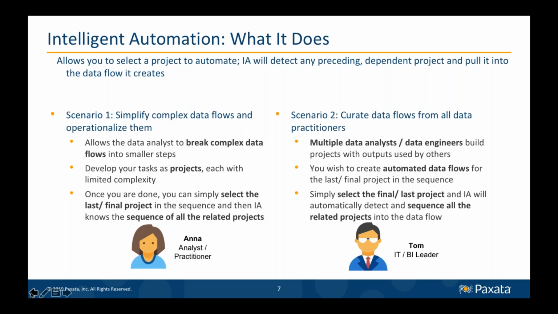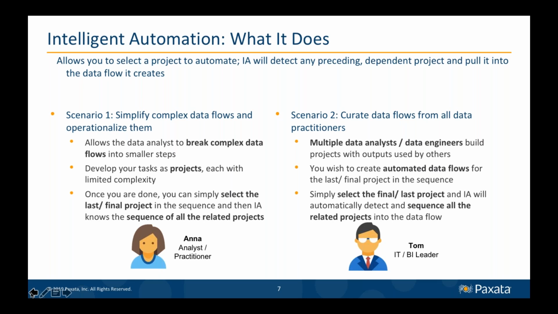But at the end of it, when all of your projects are built, the intelligent automation can automatically sequence and run all the pieces together as a single job. So it does enable you to break down your work as well as collaborate and ensure that pieces of that work are being built and delivered by the expert on that piece of the deliverable.